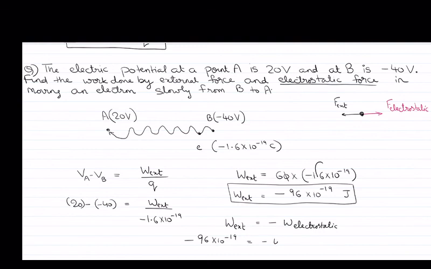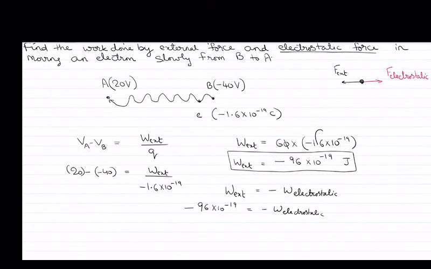So it will be minus work done by electrostatic. So we can very easily write that work done by electrostatic force is 96 into 10 to the power minus 19 joules.